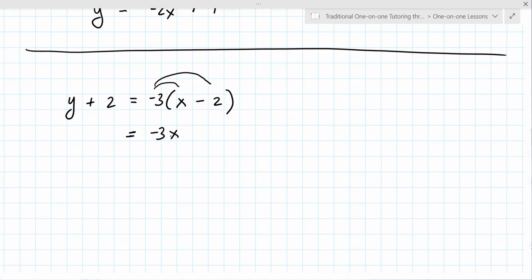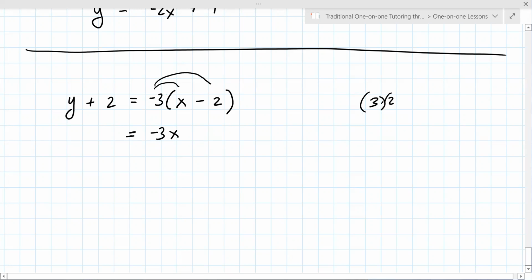Because it's a minus here, that actually makes it a negative. So what's -3 times -2? You're multiplying 3 times 2. What is 3 times 2? 6. They're both negative, so the two negatives create a positive, so plus 6. Okay.